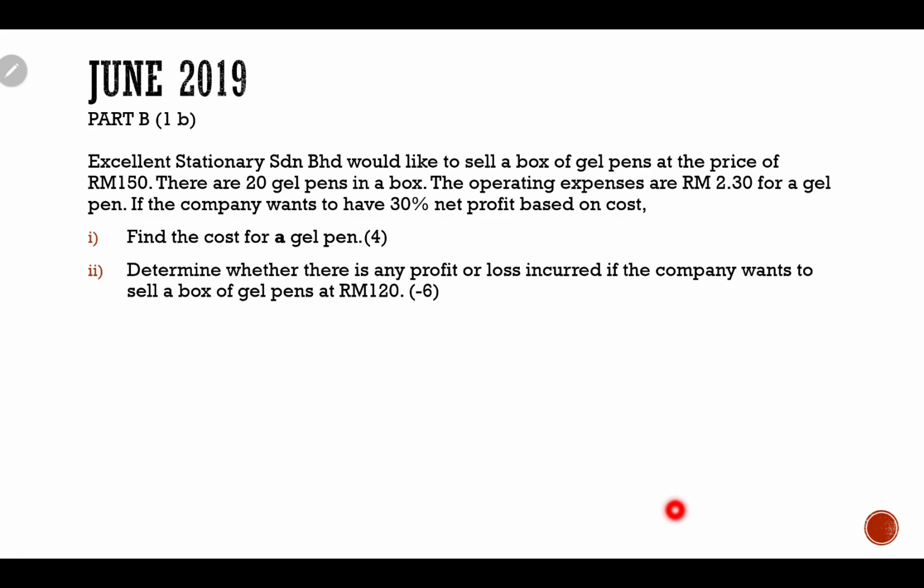Question number 1B. Excellent Stationery would like to sell a box of gel pens at the price of 150 ringgit. So the selling price for a box is RM 150.